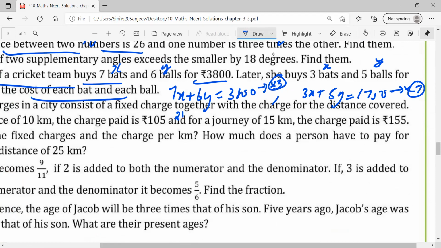This will become 21x plus 18y equal to 3 into 3800, and here 21x plus 15y is equal to 3 into 1750... so that while subtracting the two equations, 21x and 21x get cancelled and we can solve for x and y. The logic is very important. Elimination or substitution method is secondary, but it's very important for us to know the logic.